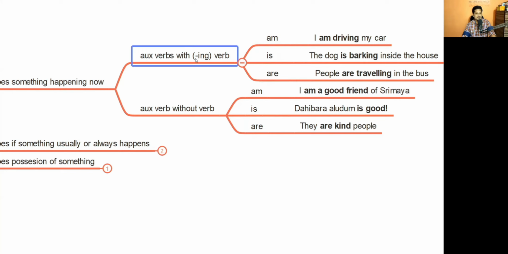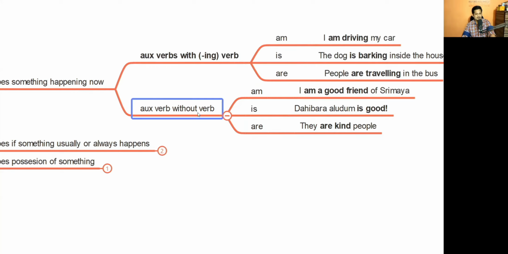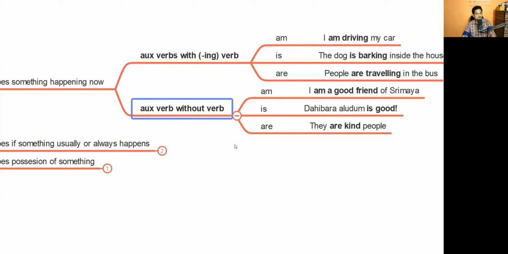Just type 20 in this form, and write another 20 sentences in this other form. Actually, let us not pause the video. Let's stop the chapter over here and move on to the next chapter after you complete your assignment. So 20 sentences in the first form, 20 sentences in the second form.